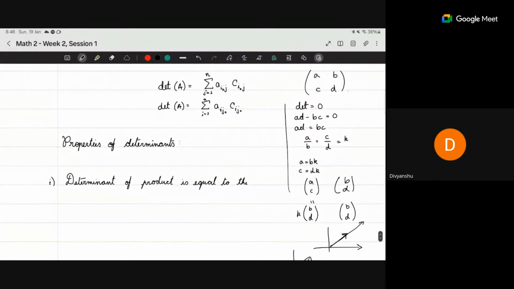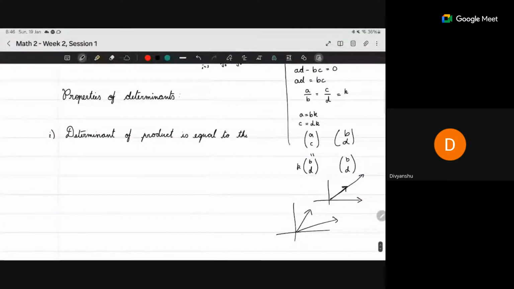That is captured by the determinant. So the determinant is 0 means that one is a multiple of the other, and the area is 0, correct? So area is 0 happens if and only if one is a multiple of the other, or if one of them is a zero vector, which is also part of that itself.